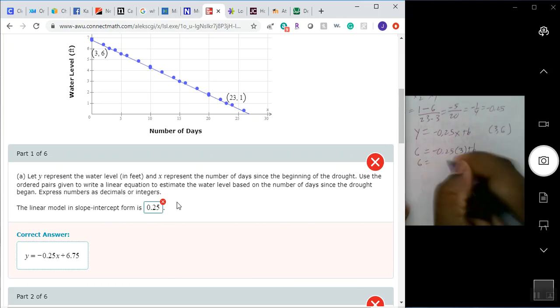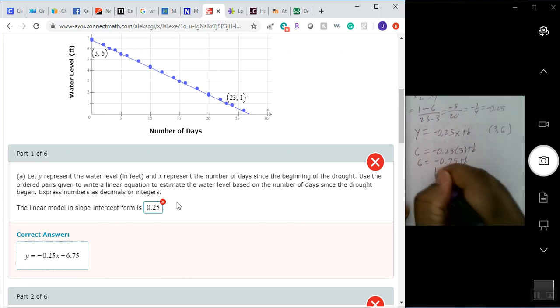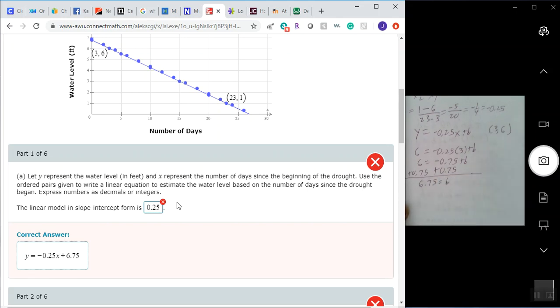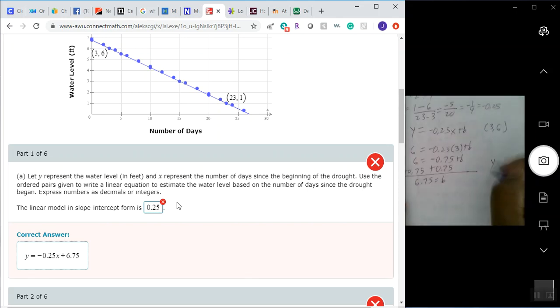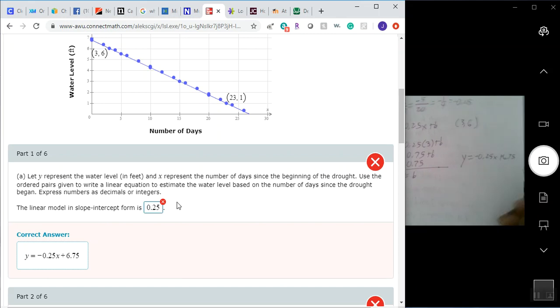So we have 6 equals negative 0.75 plus b. Now we add 0.75 to both sides. So we have 6.75 equals b, which is our y-intercept. So our final equation is y equals negative 0.25x plus 6.75. And that was supposed to be your final answer for part A.